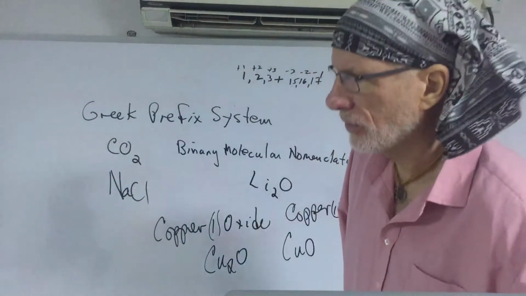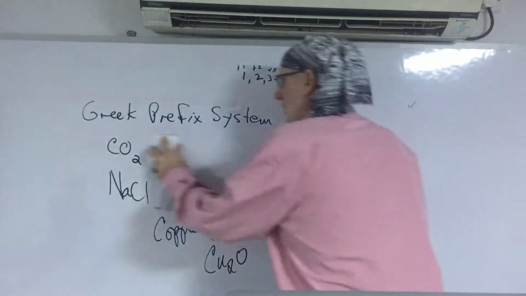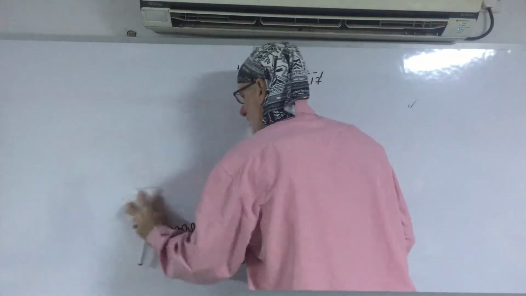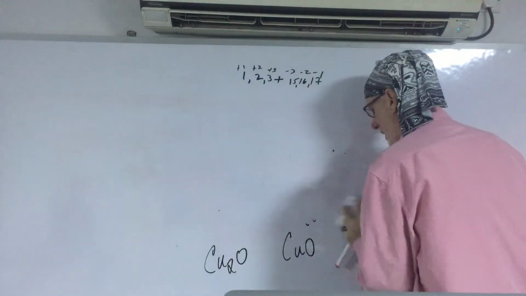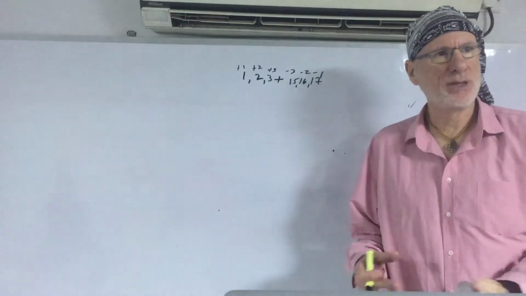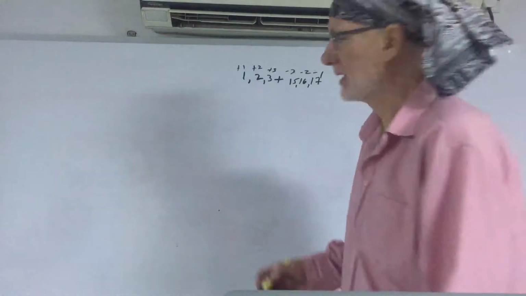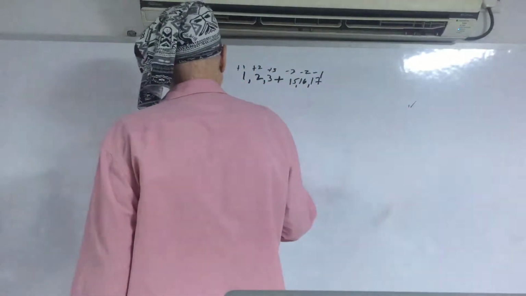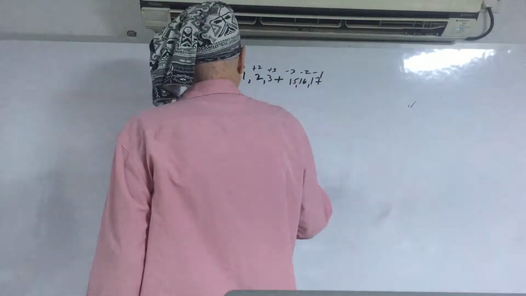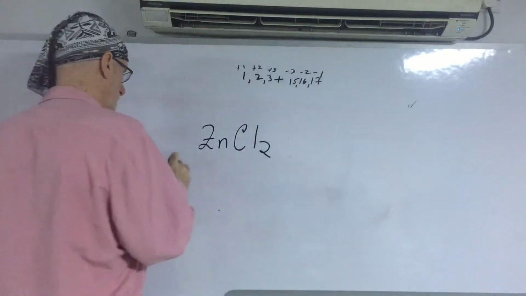So what we do is this. If an element is a transition element, we usually write the Roman numeral. Even for things like this. Zinc 2 chloride.